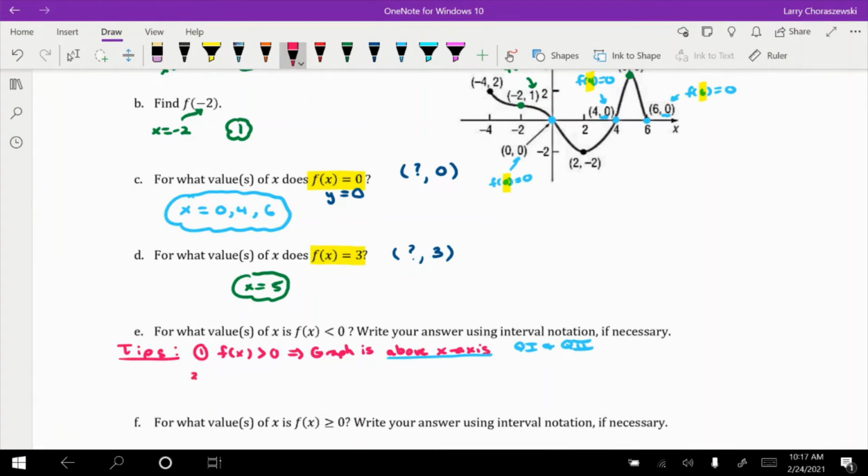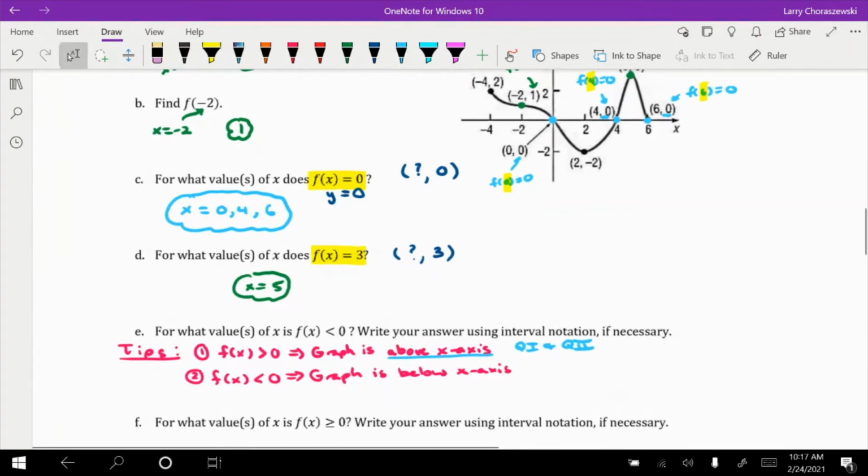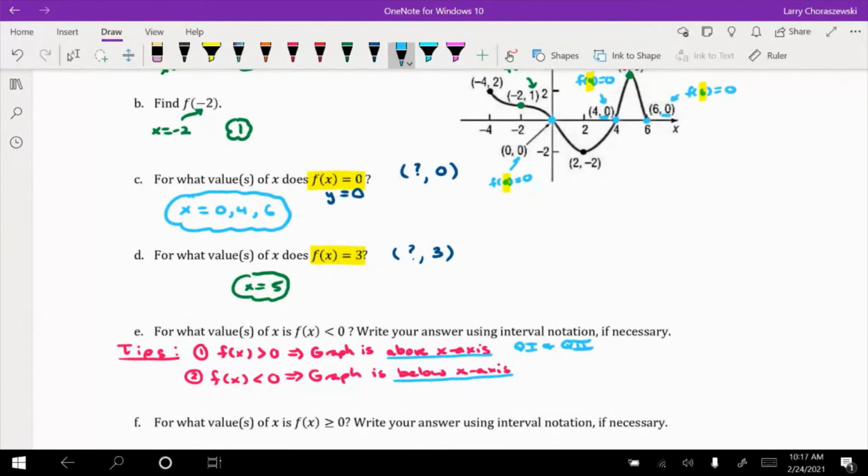My second and final tip here is if we are looking at the notation f of x is less than 0, this would ask us to look at a part of the graph that is below the x-axis. Because this is saying that y values are negative.